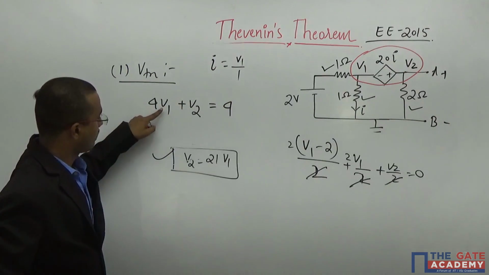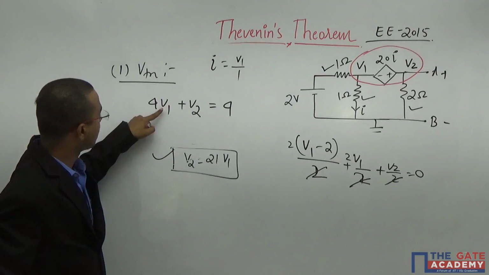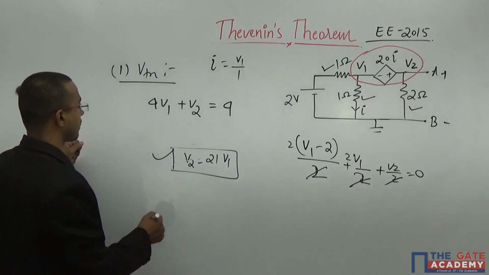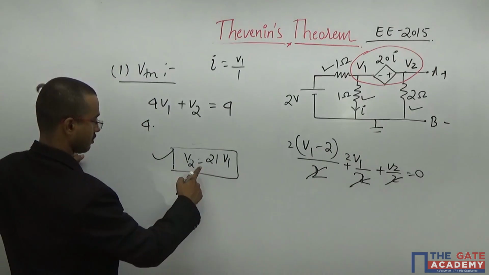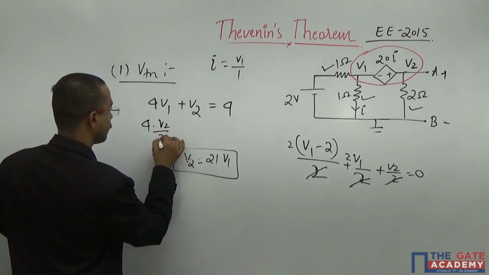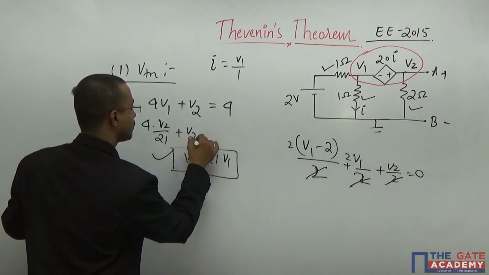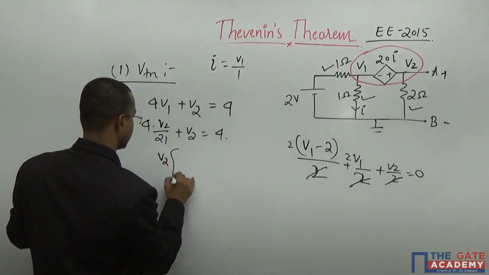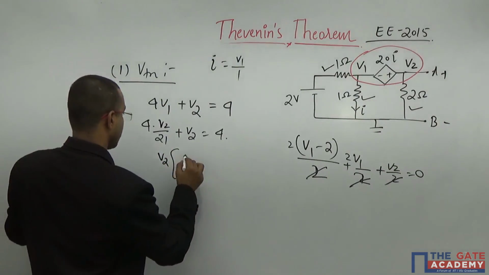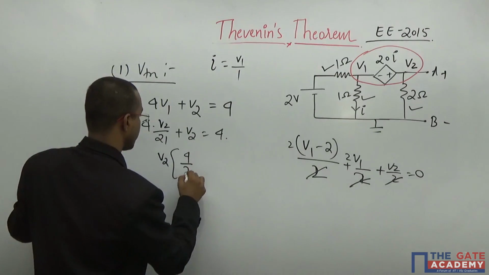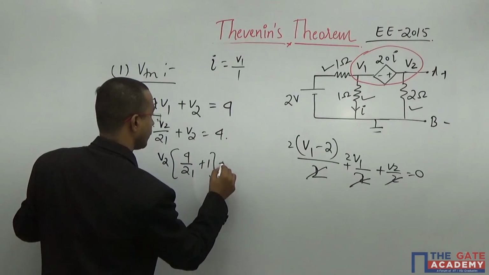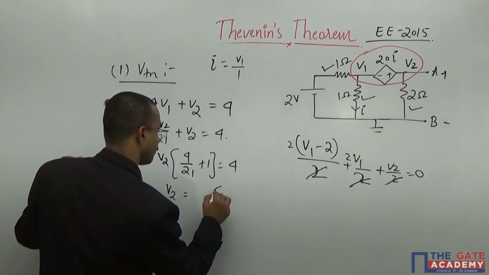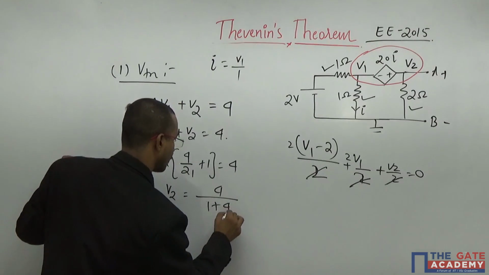I am interested in V2. That means I will replace V1 as a function of V2. Just apply here 4 into V2 by 21 plus V2 is equal to 4. Here you will get 4 by 21 plus 1, and V2 will be 4 divided by 1 plus 4 upon 21.